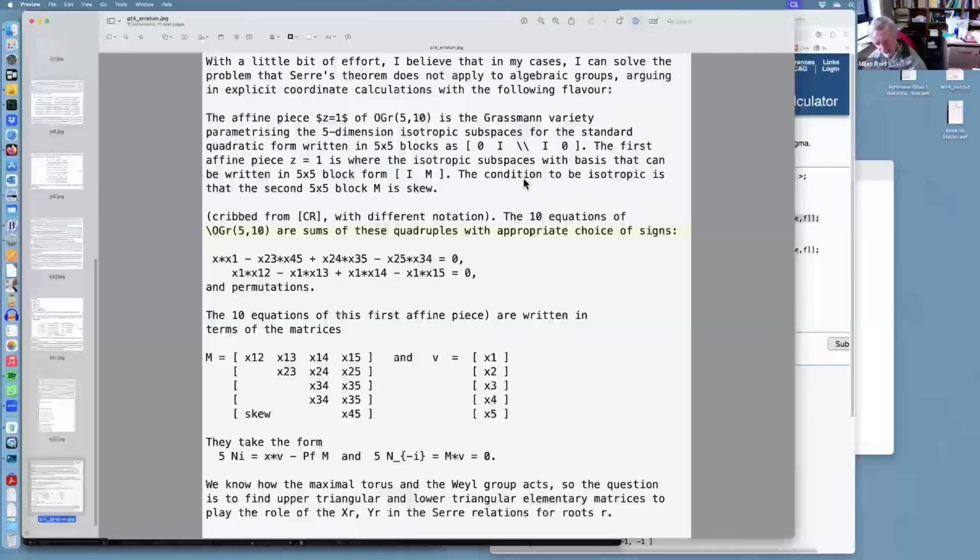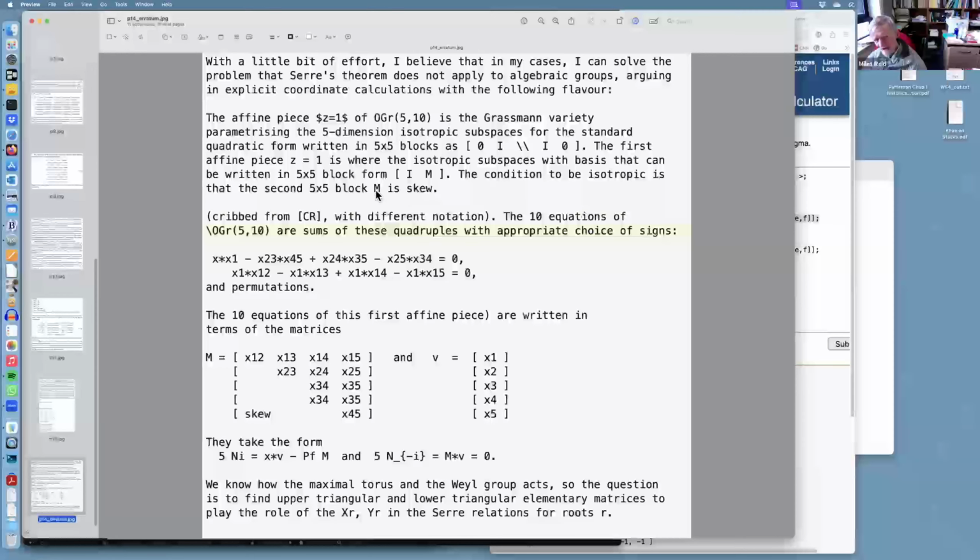And then the second element is a 5 by 5 matrix. I want the subspace, the row span of this 5 by 10 matrix, to be isotropic, right? So I have to do this matrix times the quadratic form times the transpose of the matrix.